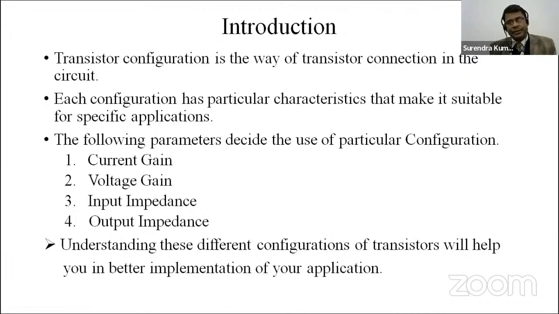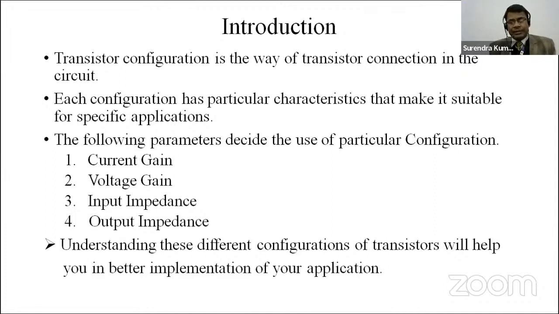As I have discussed just before, each and every configuration has different values of parameters. The parameters that we are going to discuss for each type of configuration of transistor are current gain, voltage gain, input impedance, and output impedance.